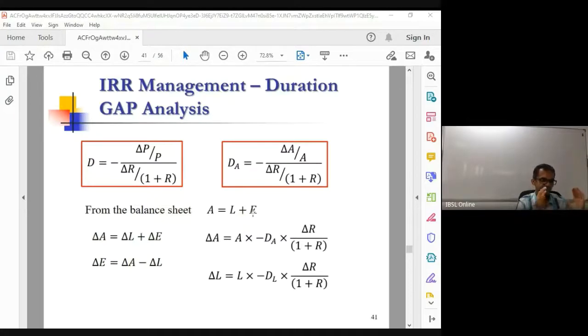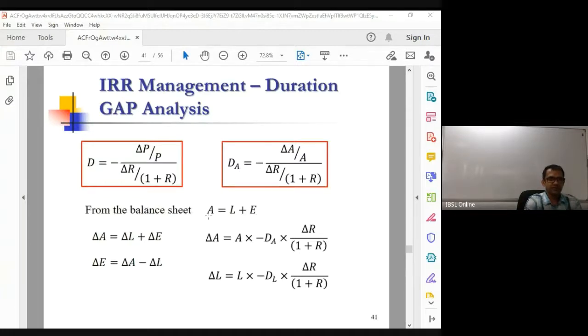Generally we say assets equal liabilities, but when we say liabilities, that includes the capital, which is the equity part. What is the owner's holding? That is equity. So assets equal liabilities to other parties plus liabilities to the owners, that is equity.